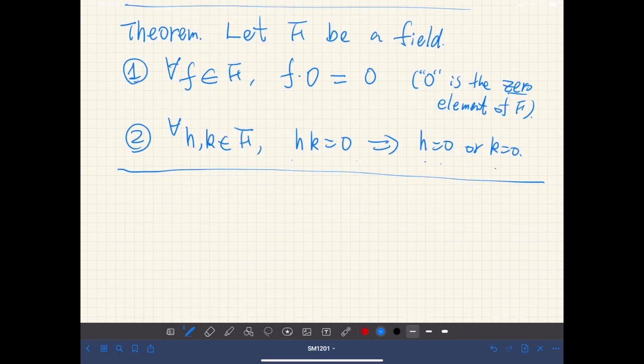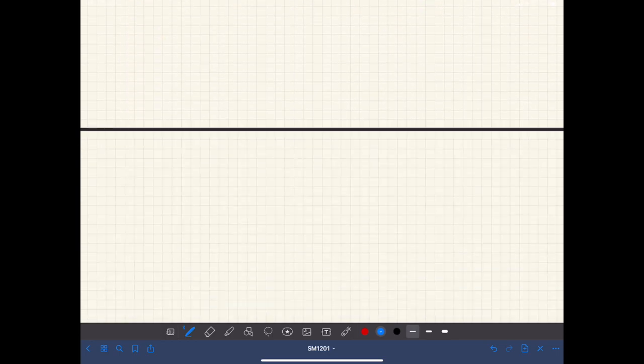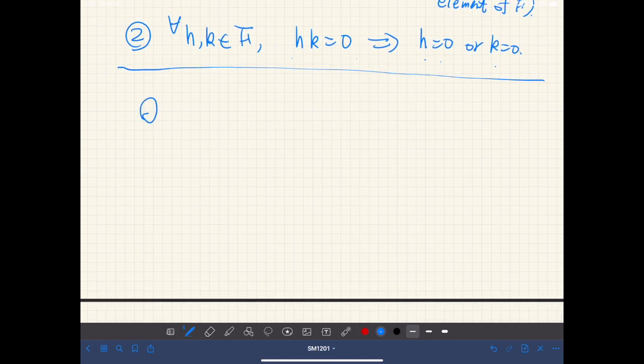So here's a wrong proof. We want to prove that Q is a field, right? So for all elements of Q, that is for any rational numbers, we have Q times 0 is equal to 0, of course.